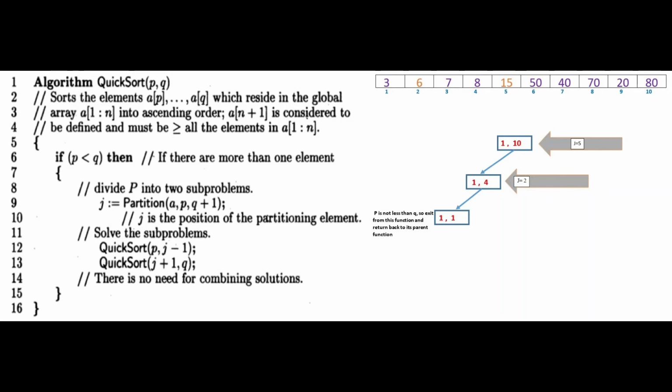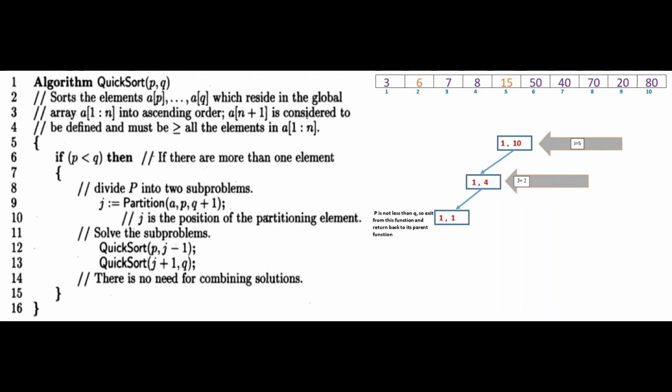Now we are in the beginning of a new recursive function with the parameters p and q. The value of p is equal to 1 and the value of q is equal to 1. In the body of the function, if p less than q, that is here p is equal to q, p not less than q, so exit from this recursive call, not entering any statement.